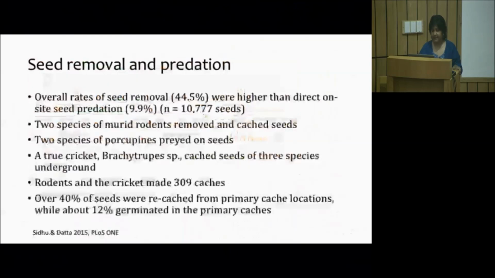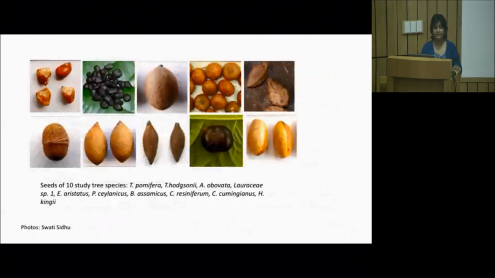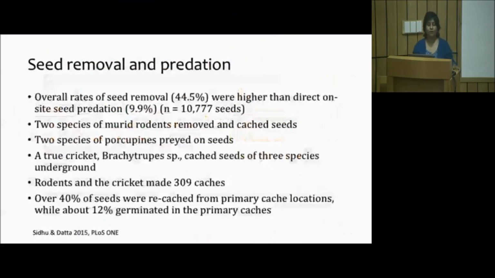By the way, this is not scaled to actual seed sizes, but they range from very small seeded species to large seeded species. So what we found, we tagged about 10,777 seeds, and we found that rates of seed removal were much higher than direct on-site predation.